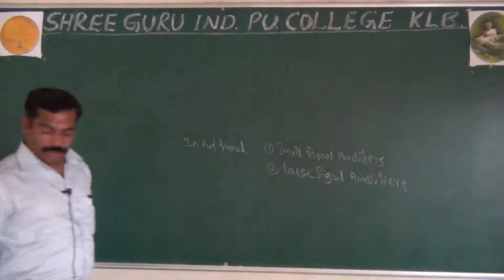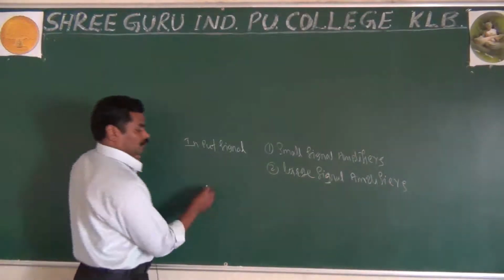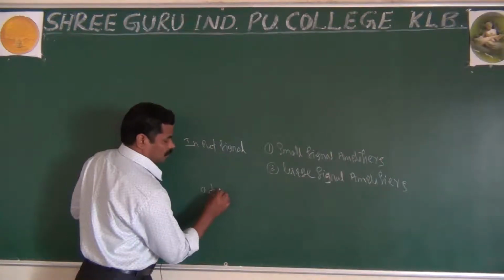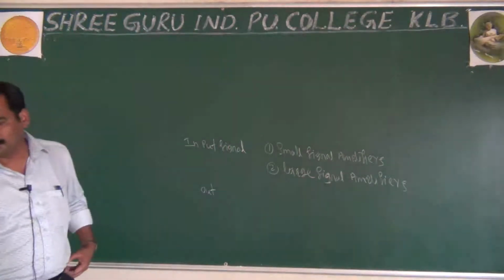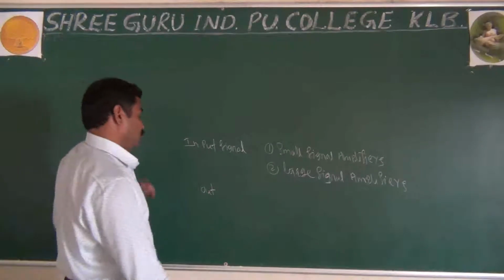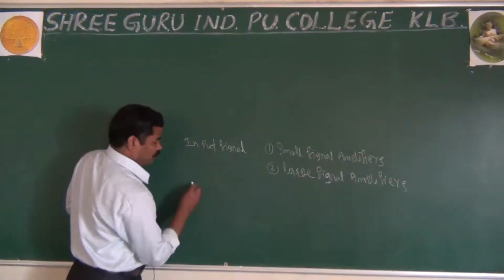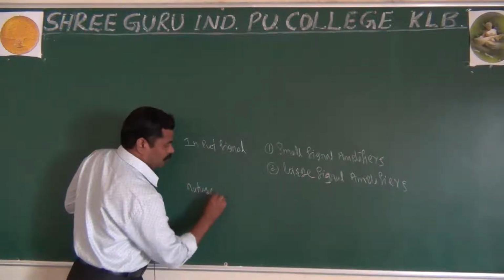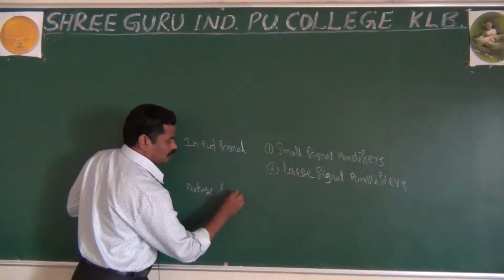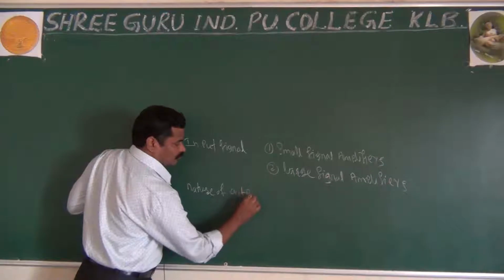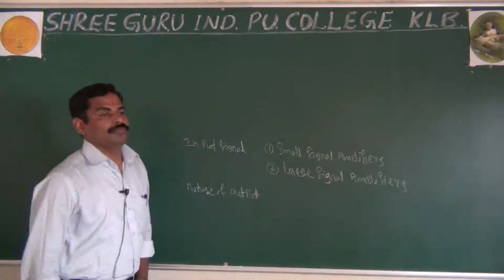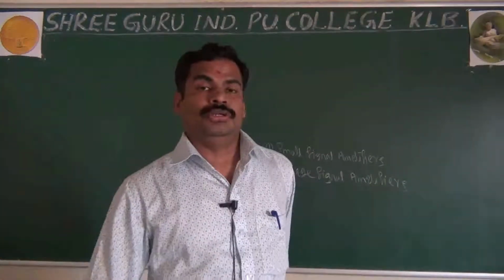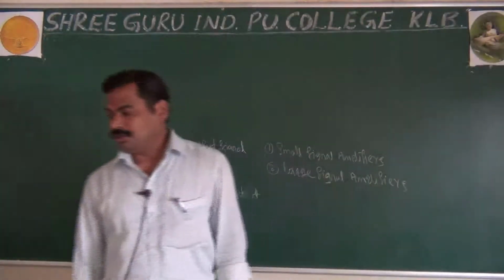And now we go for depending upon the output signal, that is, depending upon the nature of the output. We know already, the output may be current or voltage.